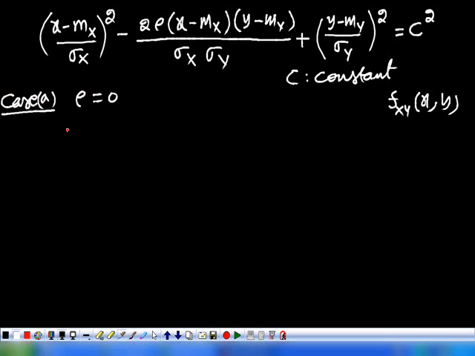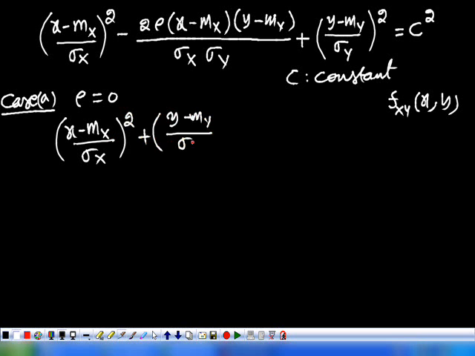When rho is 0, x minus mx divided by sigma x whole square plus y minus my divided by sigma y whole square is equivalent to c square. Is it right? So obviously this equation indicates what?